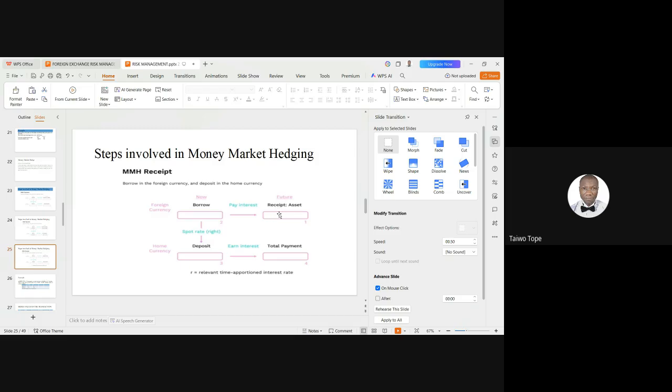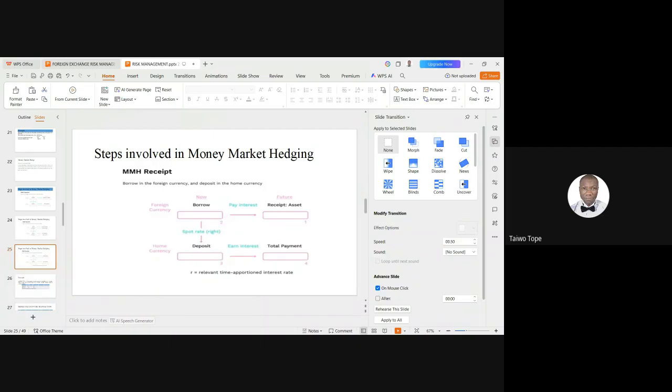You're expecting a certain value in future, you borrow that amount now. How much will you borrow? It is the amount you're expecting divided by what? 1 plus interest rate. You convert this amount you're to borrow to your own home currency, and the conversion will be the amount borrowed divided by the spot rate, the spot rate at the right.